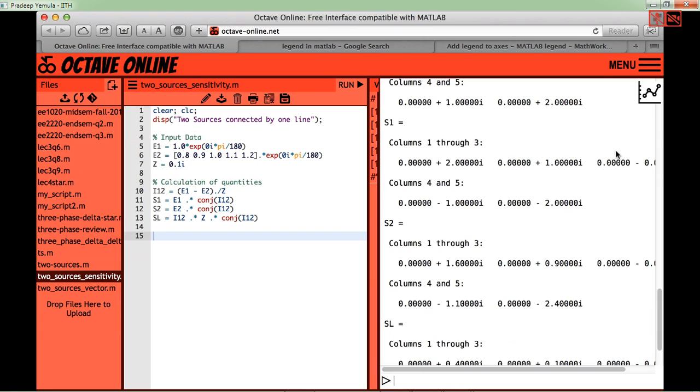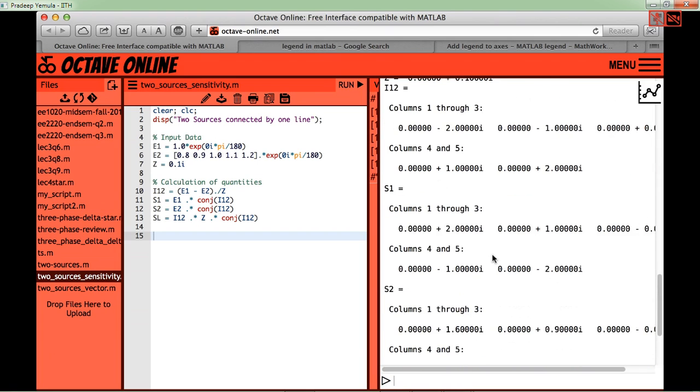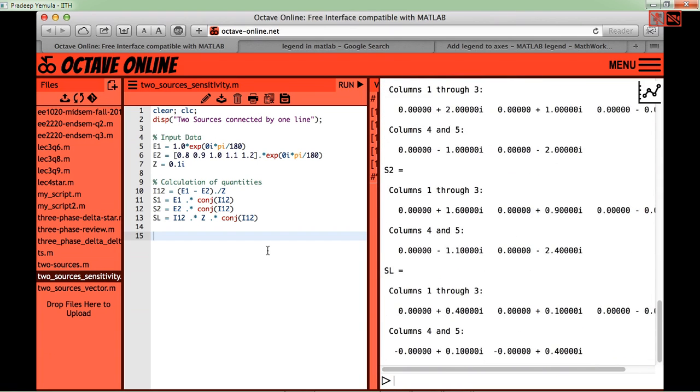Because these are multiple values, I want to see, so what is P1? P1 is nothing but the power supplied from the first source. So active power supplied from the first source, that is nothing but the real component of S1. So I am separating the real and imaginary components. Q1 is nothing but the imaginary component of S1.